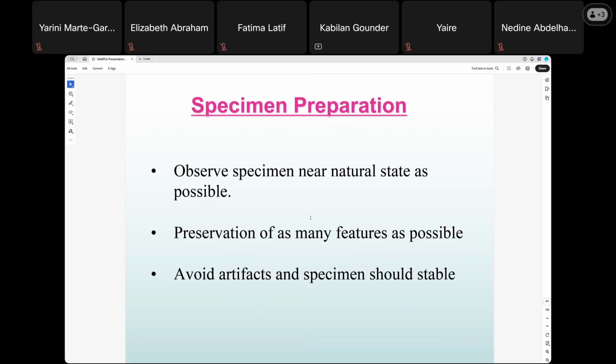Also, you should avoid artifacts, and the specimen should be stable when you do the preparation.